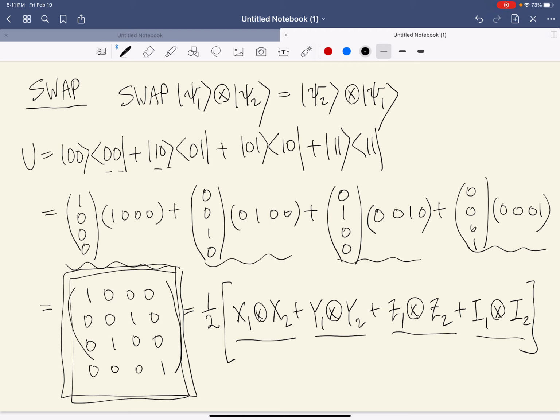Okay? But in the conventional spin language, this is nothing but the inner product of two Pauli matrices.